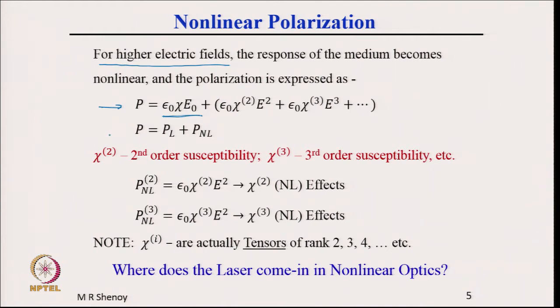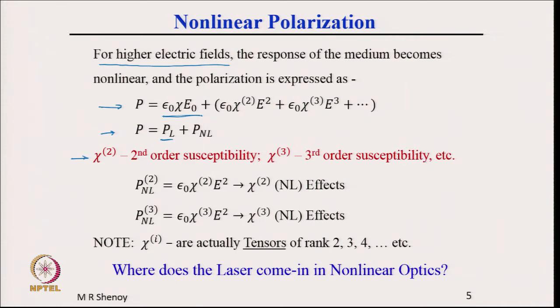Therefore, the polarization can be written as P linear plus P nonlinear. So, P linear is the first part, epsilon 0 chi into E, whereas P nonlinear is the quantity which is present in the brackets.